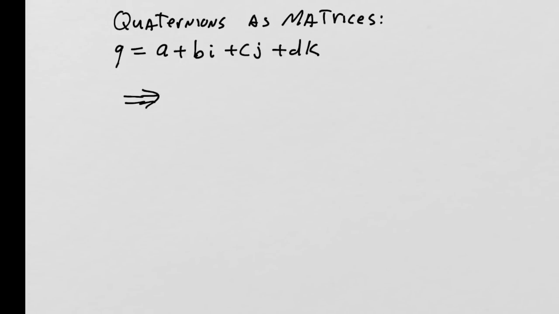It's hard to know where to stop with this, I just want a review of quaternions, but there are things that will come up. So I want to describe quickly an important point about how quaternions can be described as matrices. If this is our standard quaternion, A plus Bi plus Cj plus Dk, I can write a matrix that looks like this.